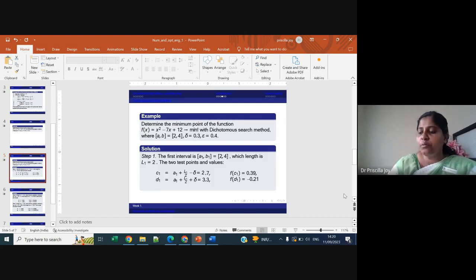Now what we need to do? We need to put that particular value in the equation, that is in f of x. So instead of x, we need to place 2.7.